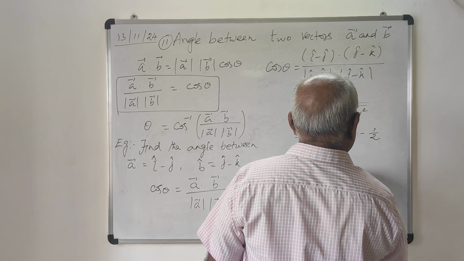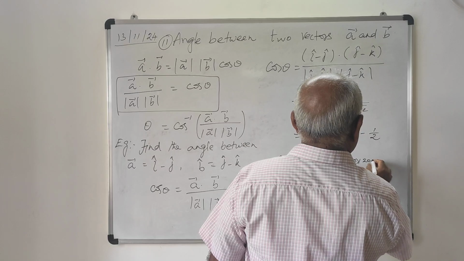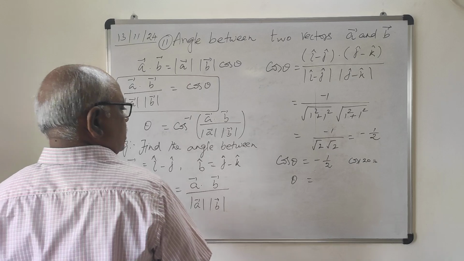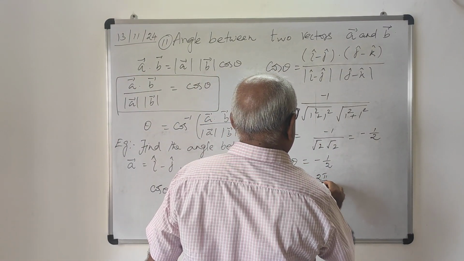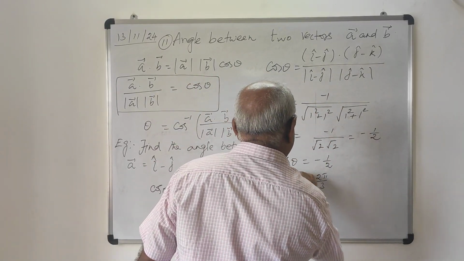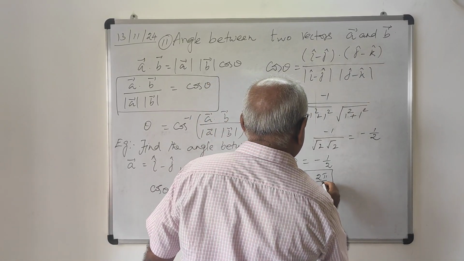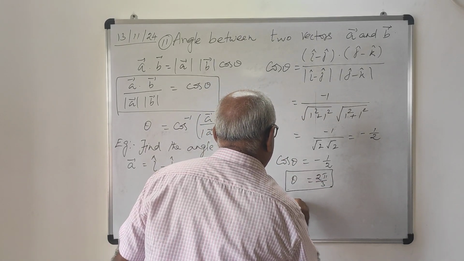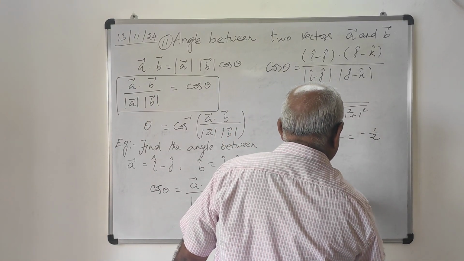Therefore theta is 2 pi by 3, that is 120 degrees, because cos 120 is minus 1 by 2. How? Cos 2 pi by 3 is cos 120, which equals cos of 90 plus 30.